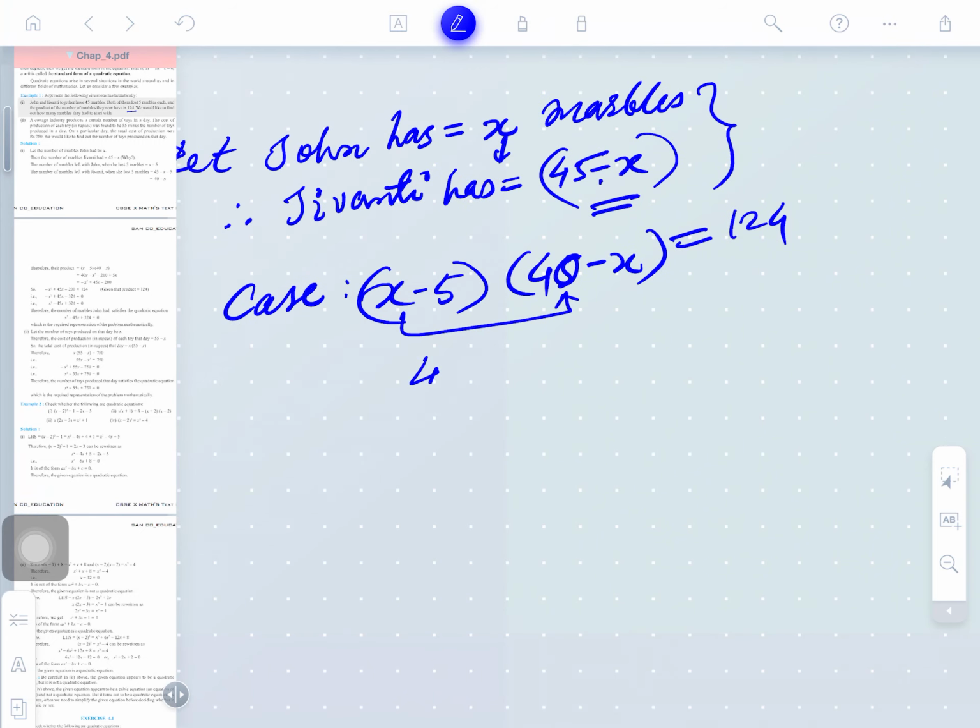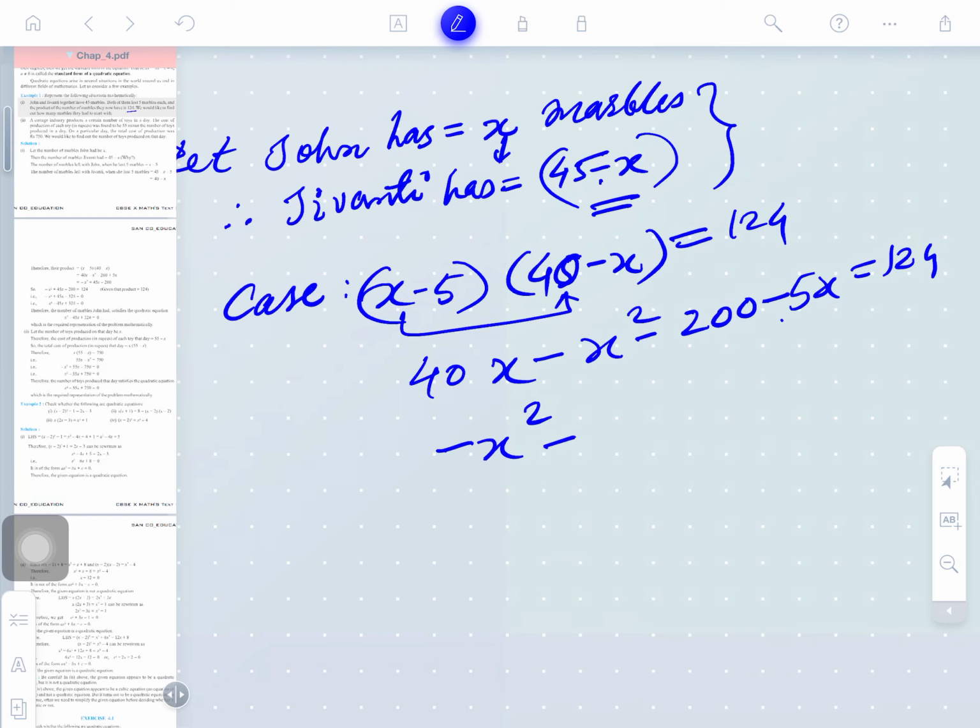So, x is to multiply here 40x, x into x is x square, minus 200 is there, and minus 5x is there, and 124. So, it shall be x square, and these together, 5x and 40x, what will it be, please tell me? It will be 45 negative, and here 200, or here what, 124. So, negative will be there, 324 will be here, equal to 0.